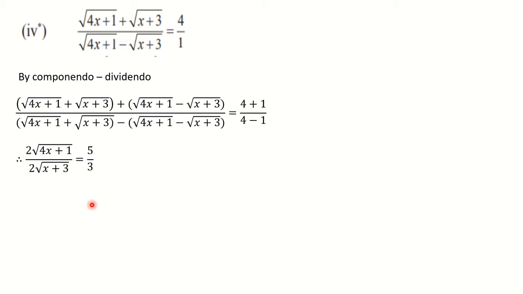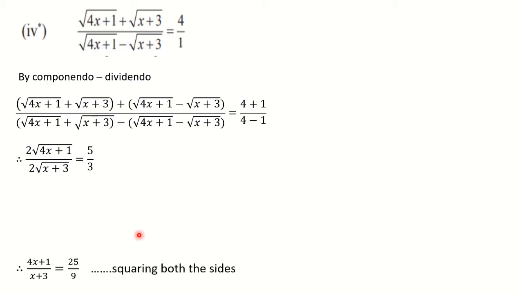Now see, in the previous sum, squares were present, so we took the square root. But now here a square root is present, which we don't want. So to remove this square root, we have to square both the sides. In the previous case we took the square root, but now we have to square both the sides.